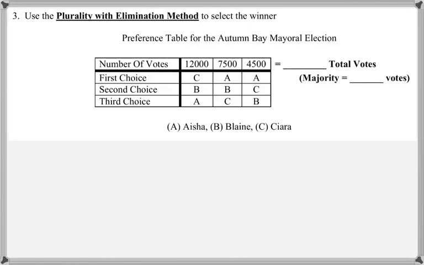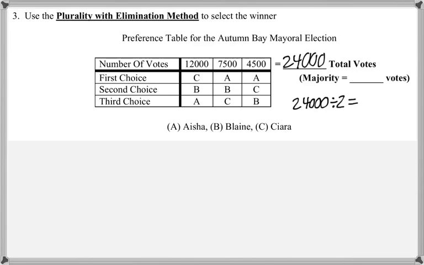On question number 3, we are selecting the winner using the plurality with elimination method. So we already know that there's 24,000 total votes, but we need to know how many votes make a majority. So a majority is over 50%.